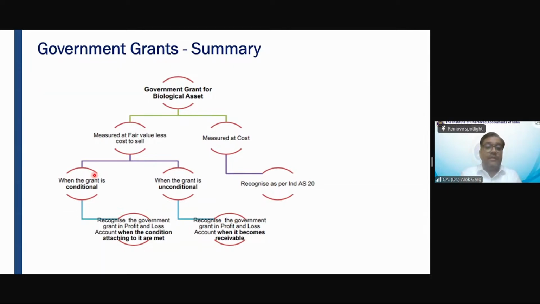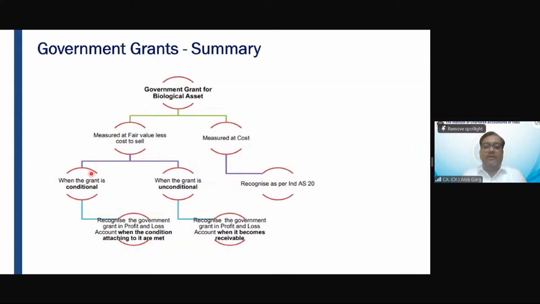So even though the money has been received, you will not recognize income. What accounting will you do? You will debit bank account and credit government grant liability account. But after 5 years, you will debit government grant liability account and credit other income. Is that fine, my dear friends?